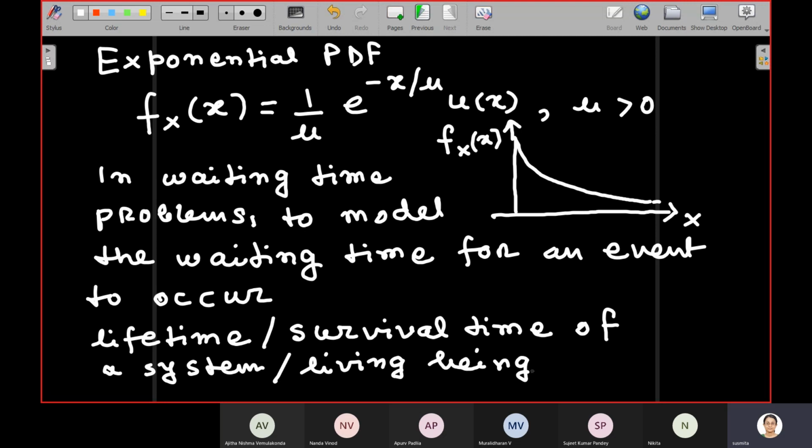So as time elapses, the chances of survival diminish. So a good distribution to model this is the exponential distribution. Okay.